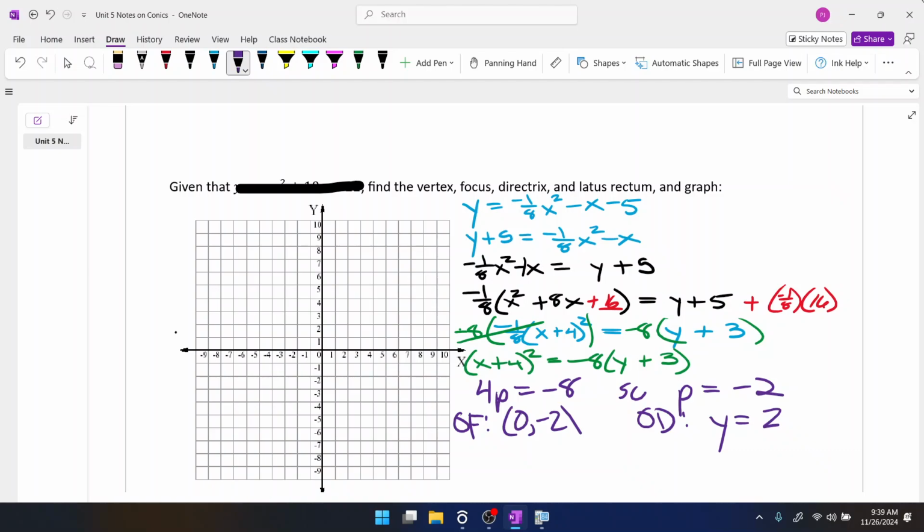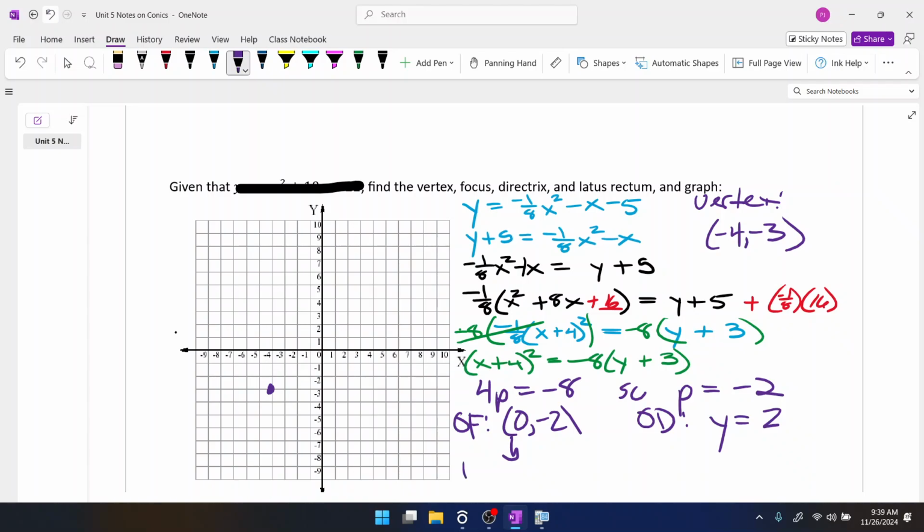All right, so, where's our vertex at now? Negative 4, negative 3. So what happens here, negative 4, negative 3. So we shift it to the left by 4 and down by 3.